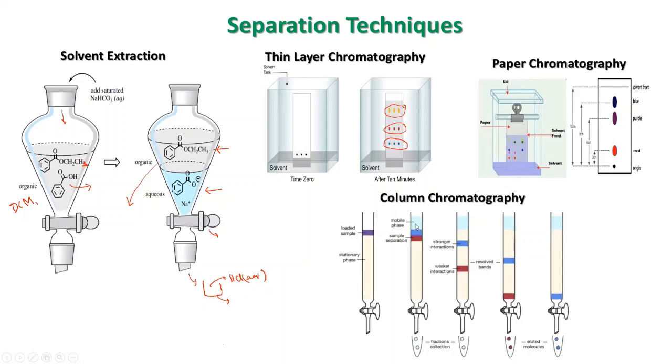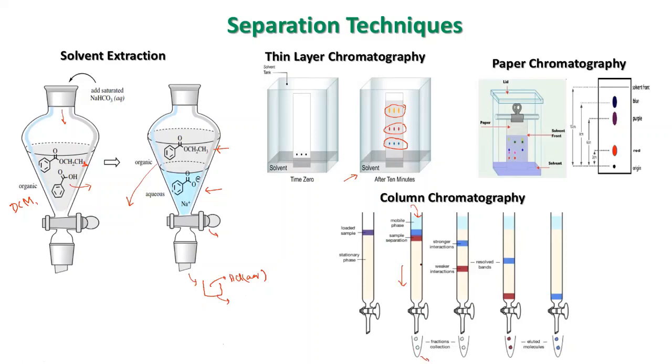What type of solvent we should use is guided by thin layer chromatography. In thin layer chromatography, you see the suitable solvent that is able to separate the different compounds, so you can use that kind of solvent. We add the solvent here, it flows in this direction, and we collect the solvent here.